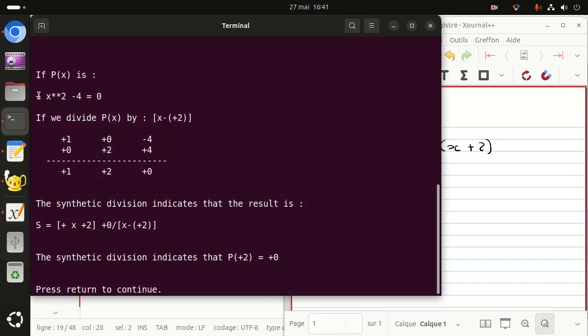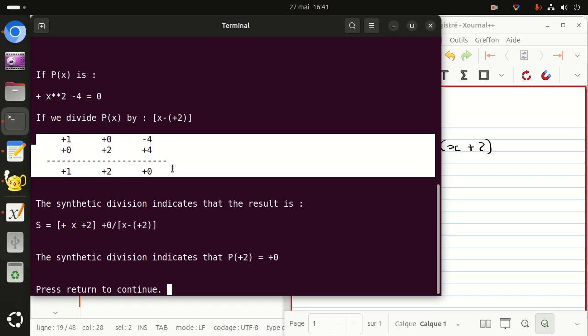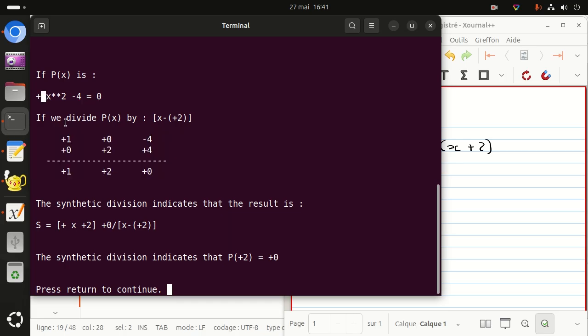In the same manner, I want to create the algorithm of the synthetic division. The first coefficient is 1, the second coefficient is 0, x has no coefficient, and the constant coefficient is minus 4. The second line must be empty.